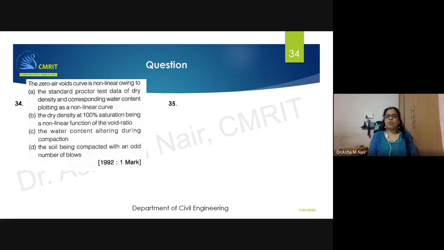So, what can be the reason? The reason is that the dry density at 100% saturation is always going to be a nonlinear function with respect to the void ratio. So the ratio will be in the form of a nonlinear function. That is the reason why we have a curve.